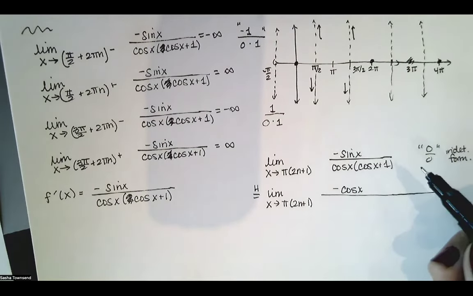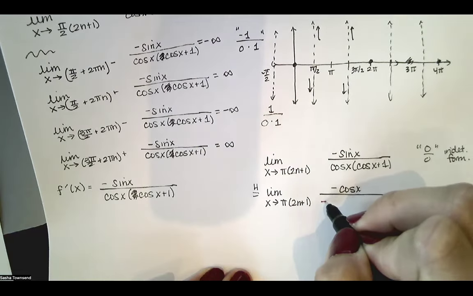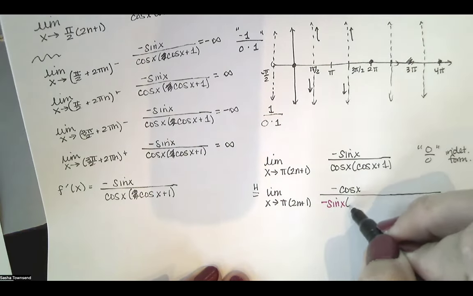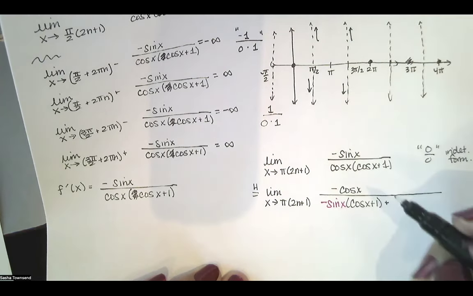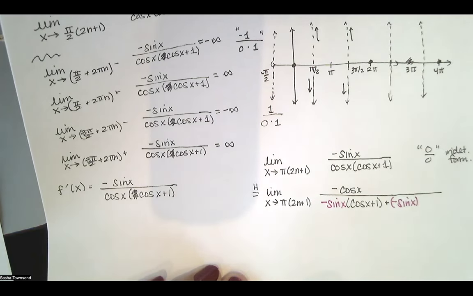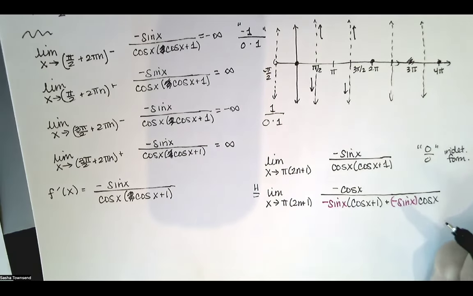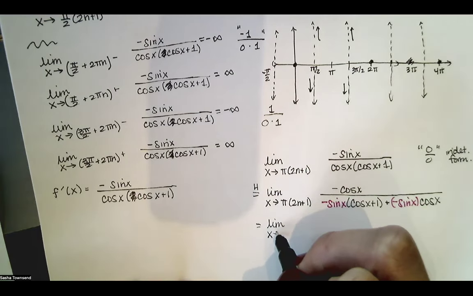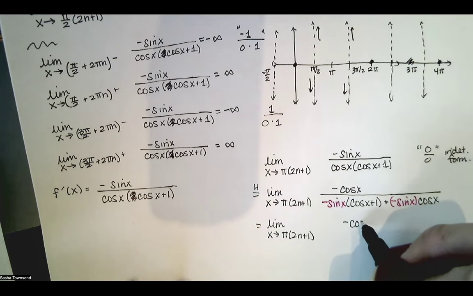If we use the product rule, we'll have the following. We have the derivative of the first, derivative of cosine is negative sine of x, times the second, plus the derivative of the second, which is negative sine of x as well, times the first. And so I have the limit as x approaches pi times 2n plus 1 of this expression.